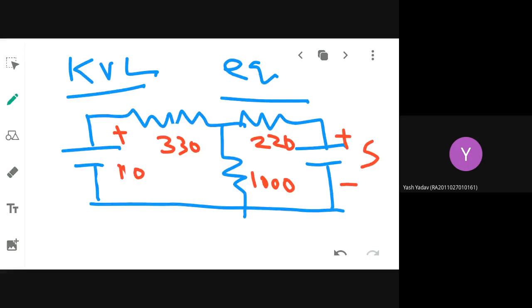This circuit we will try to solve by writing equations. The same way you can prove your laboratory experiment also. All should have calculators with you. Shall we proceed? Yes, ma'am.